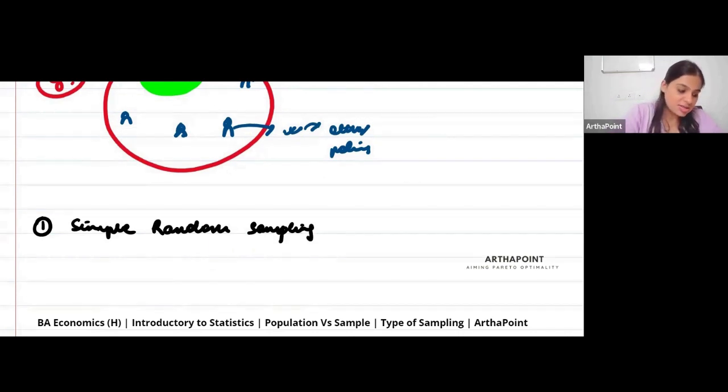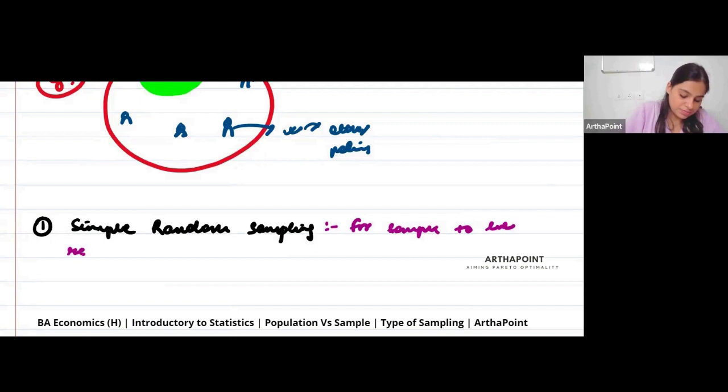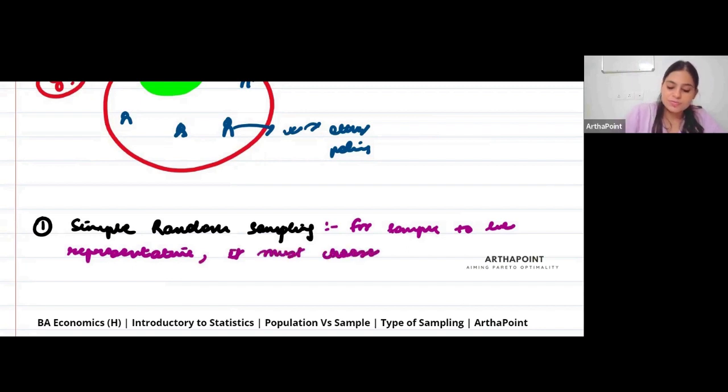This just says that for a sample to be representative, it must choose items or objects at random from the population.